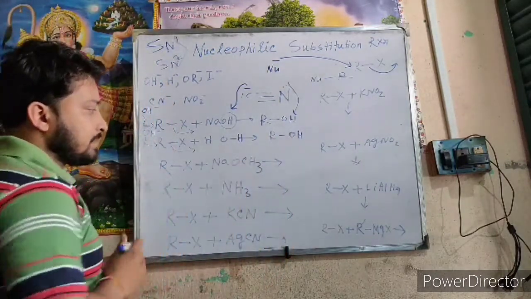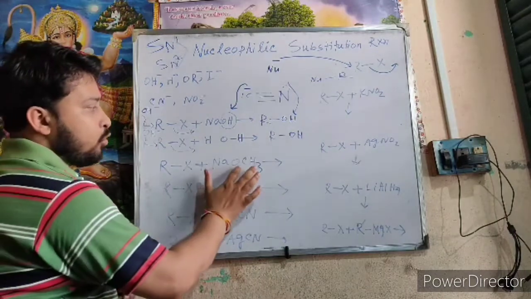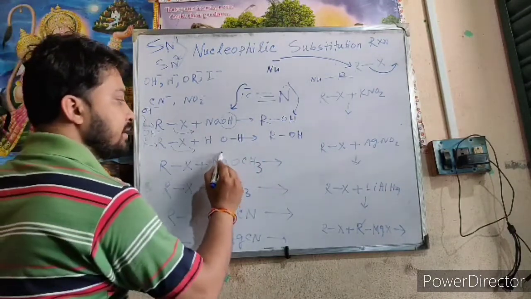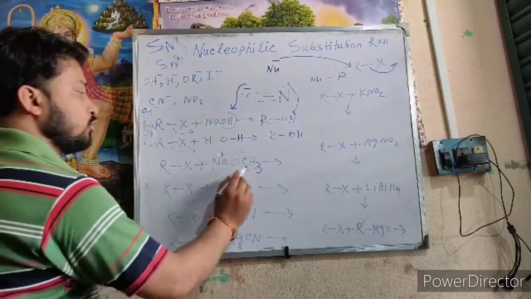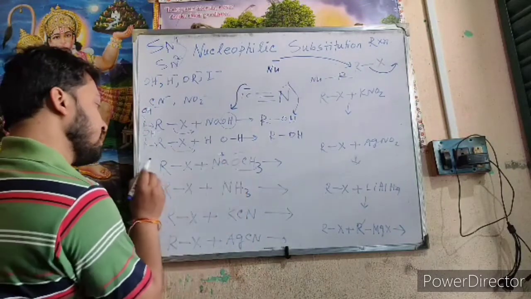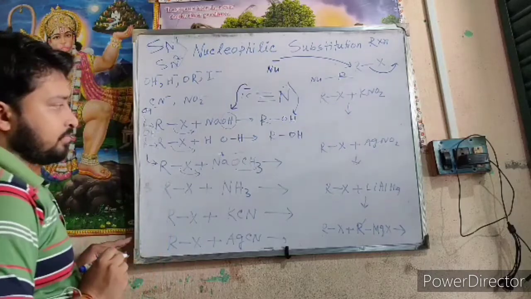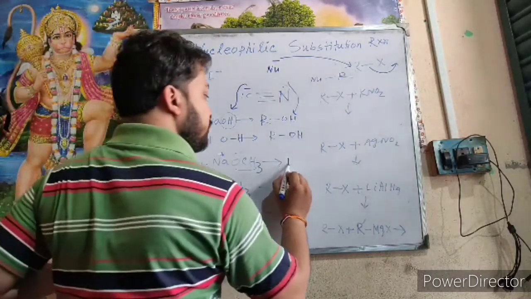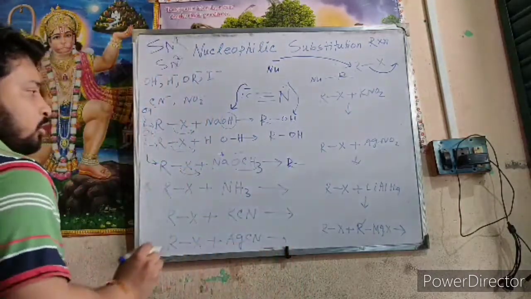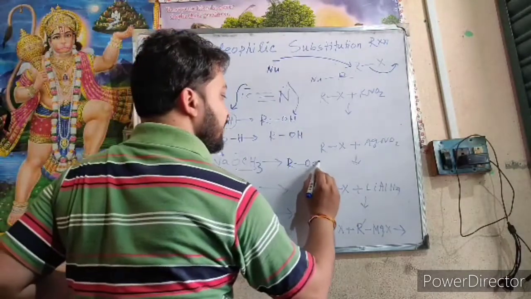Now we take RX and NaOCH3. So Na plus and this part is negative. This negative terminal attacks this R and X is removed from here. So the product is ROCH3.